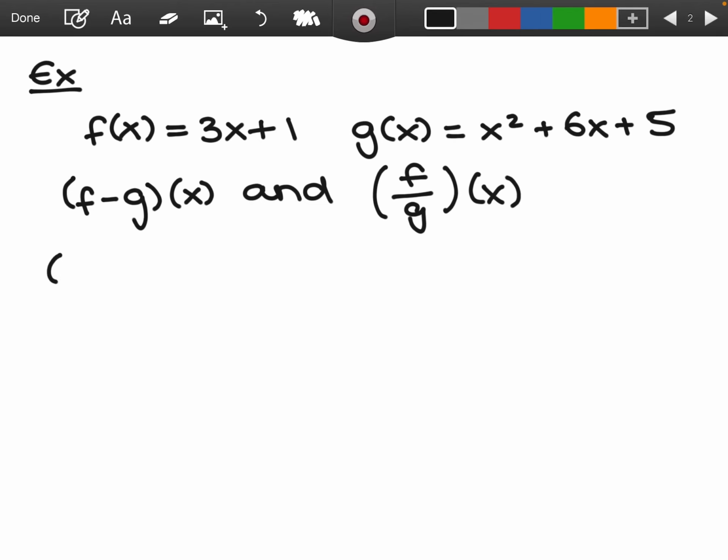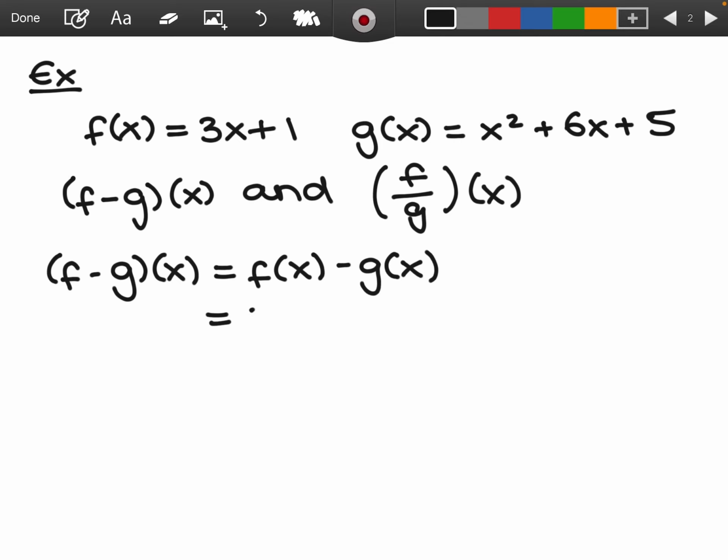So if I do f minus g of x, to find that I just do f of x minus g of x. So that would be 3x plus 1 minus my whole function g of x. Now, the thing that I want you to be aware of with this, because we're subtracting that whole function, I've got to distribute that negative.